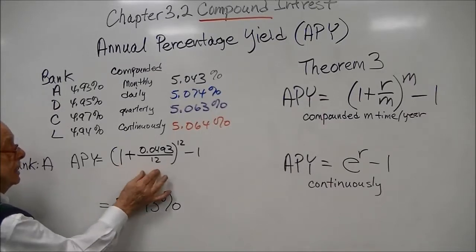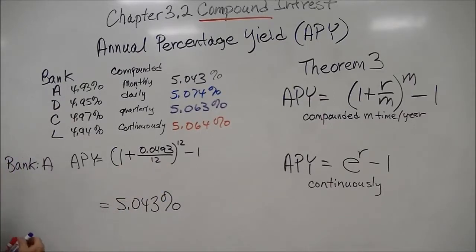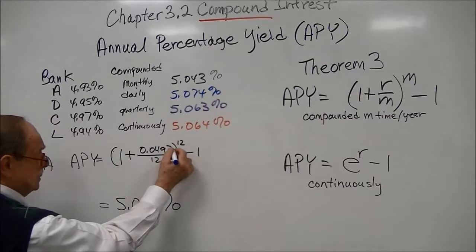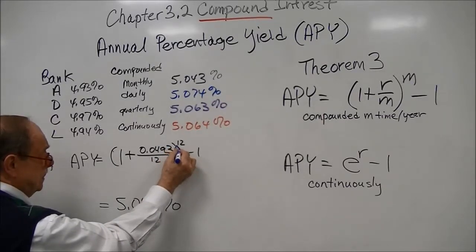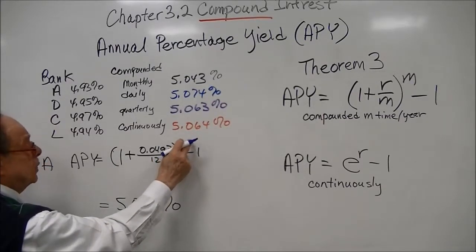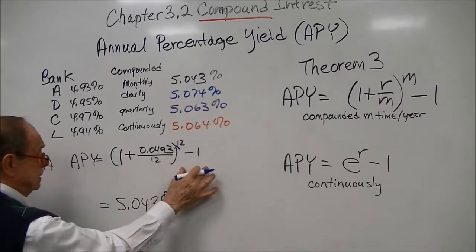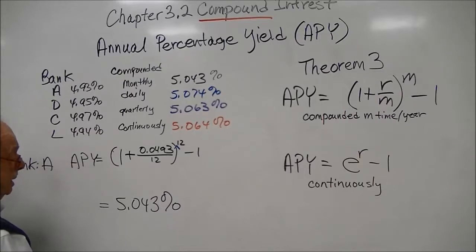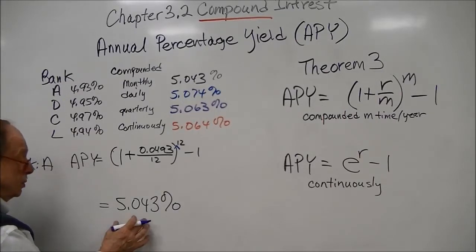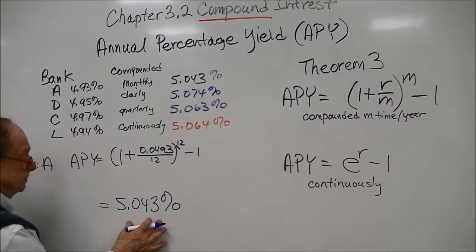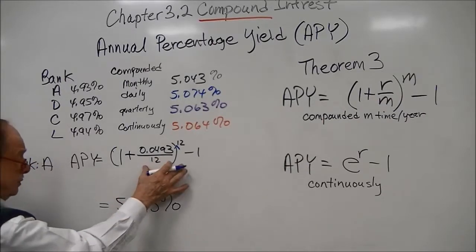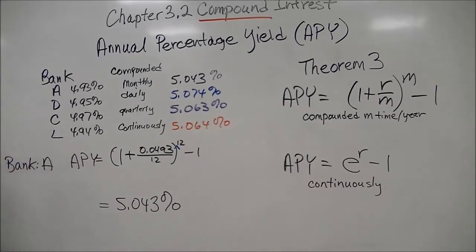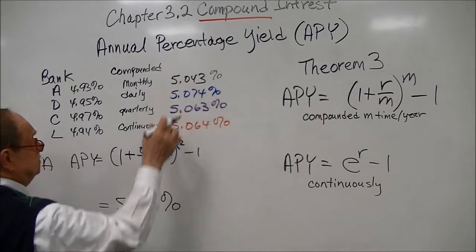So you do what's in the parentheses first. Then you get that answer, you just put a caret there, which raises it to the 12th power. You get an answer, and then minus 1. And it's a decimal. You have to put it into percent. And when you do that, you get this percent. So that's what I have listed here.